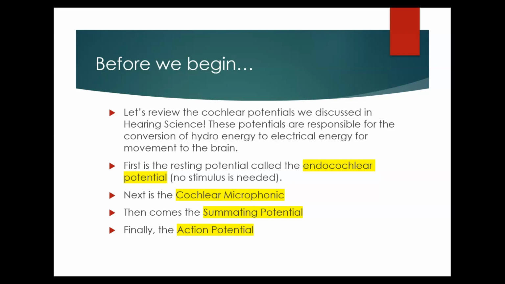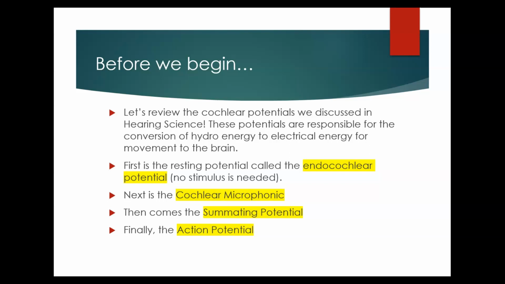After the cochlear microphonic is the summating potential, also referred to as the SP, and the summating potential is the sum of hair cells, both the inner and outer hair cells, as they move in response to the basilar membrane movement.